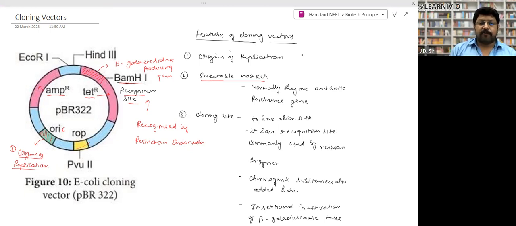So these are the features of a cloning vector. Before going that deep, I want to explain this one. This is a cloning vector. The name is pBR322.